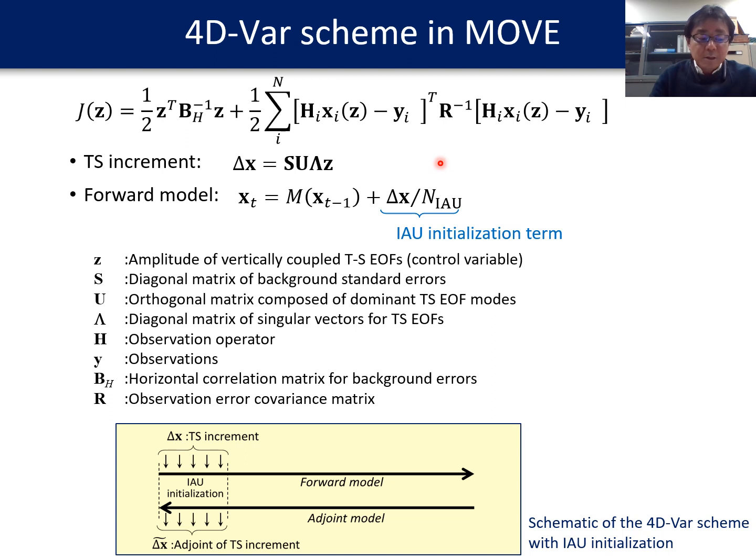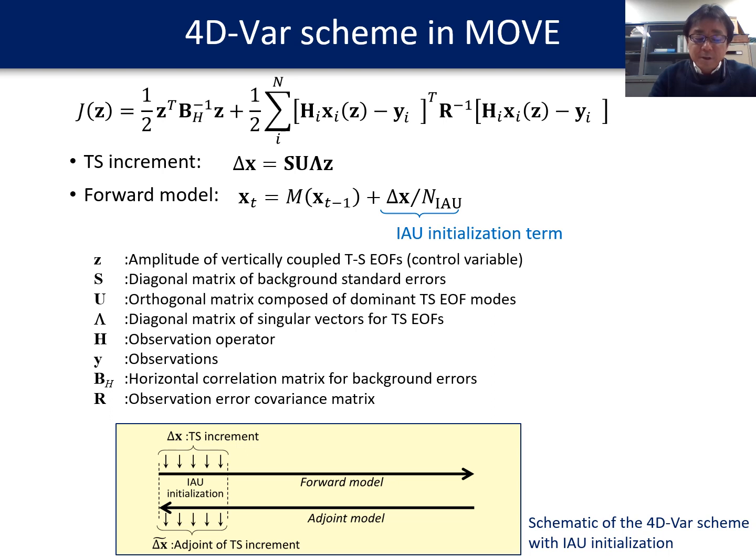And we optimize temperature and salinity increments to the initial condition within the assimilation window by minimizing this function. In this 4D-Var algorithm, initialization scheme of incremental analysis update, IAU, is incorporated. This correction term in the model equation represents the IAU initialization term.